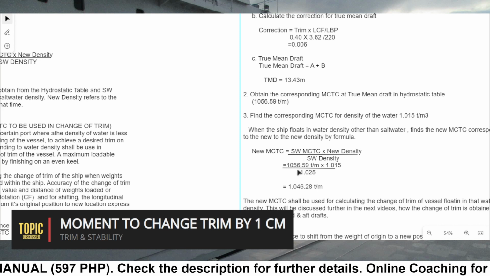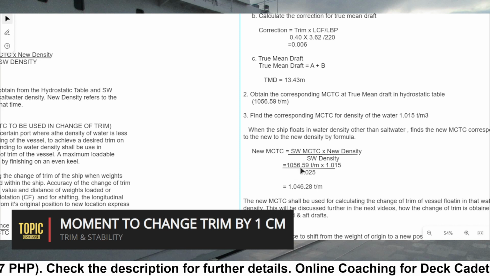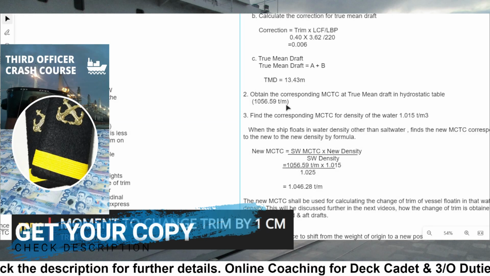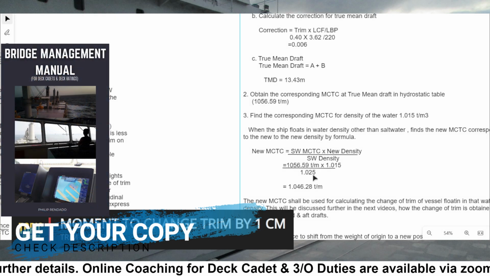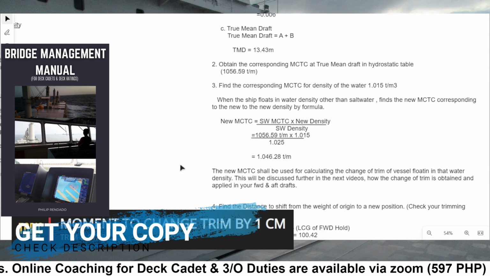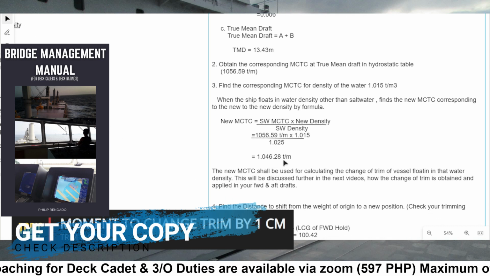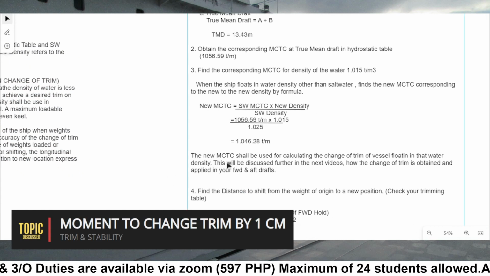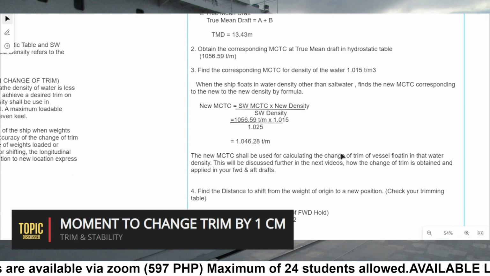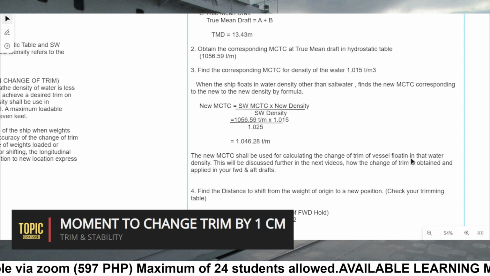So again, this is the saltwater MCTC, 1056.59, our answer earlier, multiplied by 1.015 divided by 1.025. The answer is 1046.28 tons per meter.